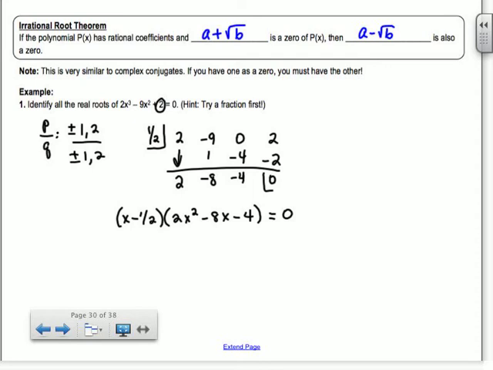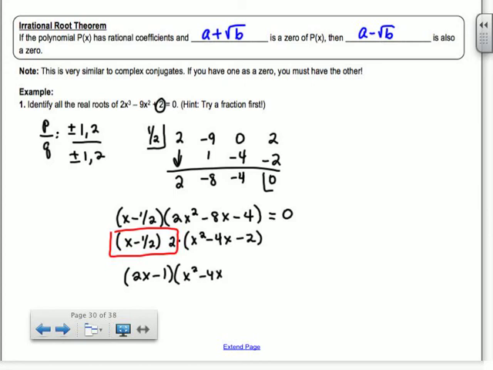We're going to need to pull out a 2. And sometimes when you have x minus 1/2 and you pull out a 2 from the other part, it's nice to just write that as 2x minus 1. So then you have nice integers, right? So you can do that.